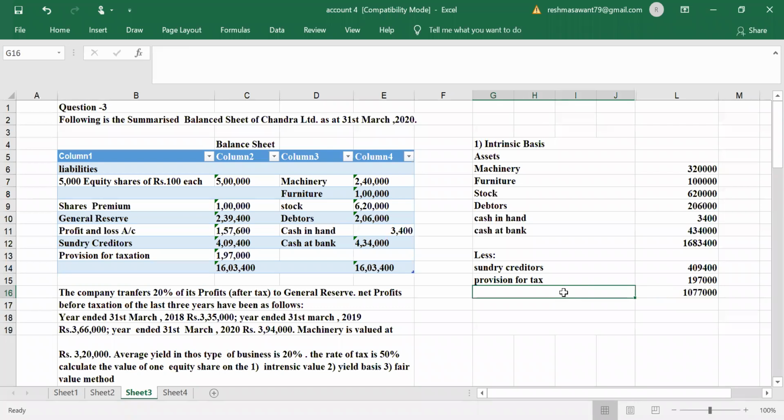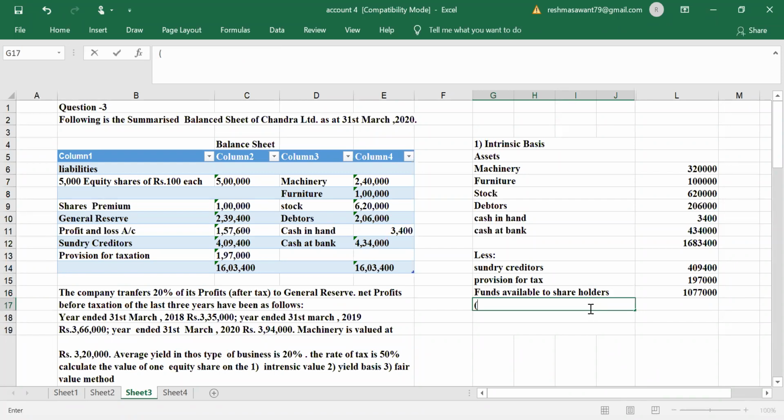By this way, funds available to shareholders is rupees 10,77,000.